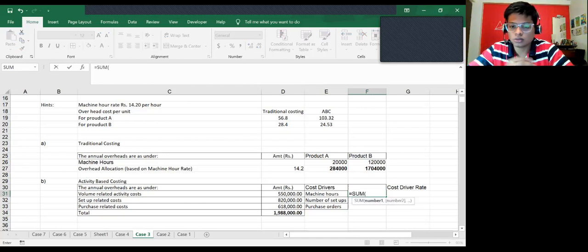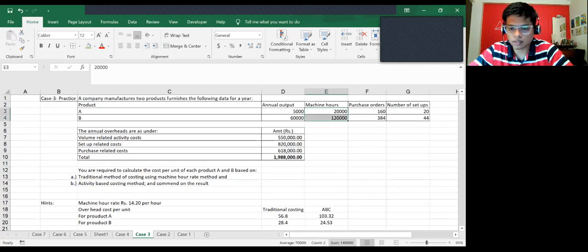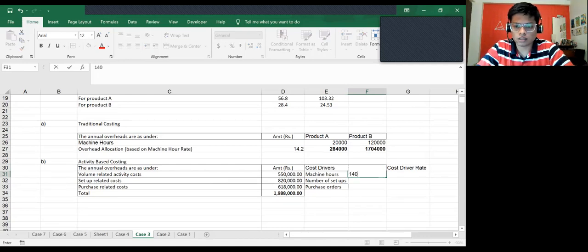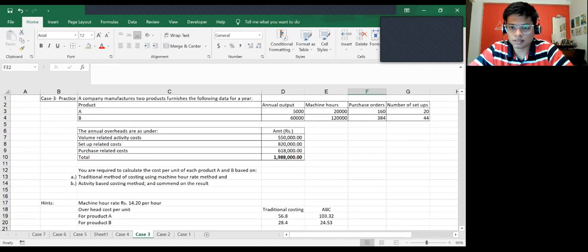For cost driver units, I could use a sum, but I would suggest don't use sums and formulas in the exam. Directly take this one, which is 1,40,000, because that's how I lost marks in the previous costing exam, using formulas.